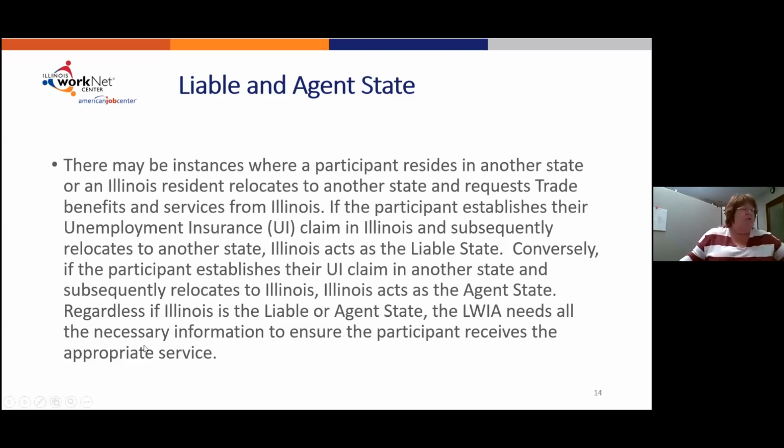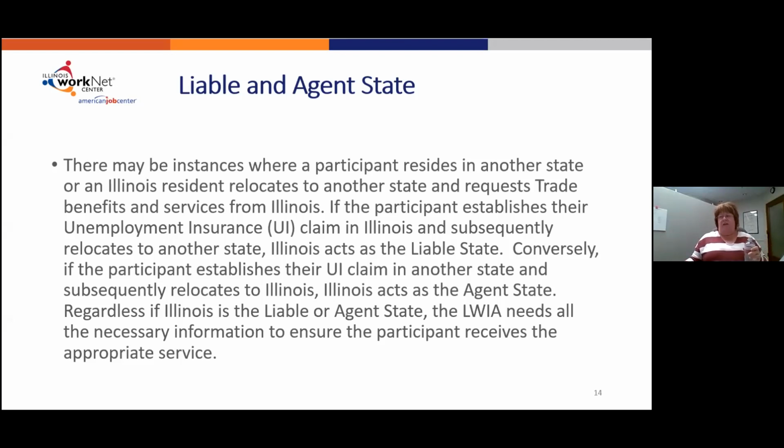There are situations where you have a participant who is certified for trade, and they reside in another state, say Indiana, or it's an Illinois resident who relocates to another state, and these people are requesting trade benefits and services.